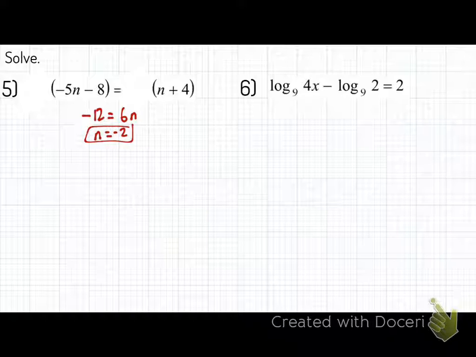Can you subtract logs? No. Can you condense logs? Yes. Do my logs have the same base of 9? Okay, good. Watch. Since we have the same base of 9 on the left side, let's condense them. Remember doing this on Friday?